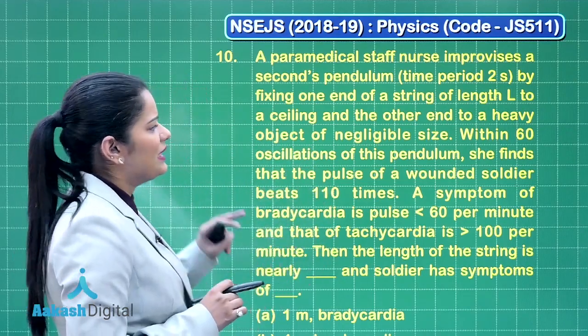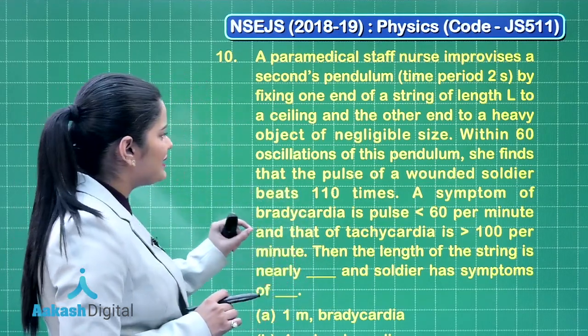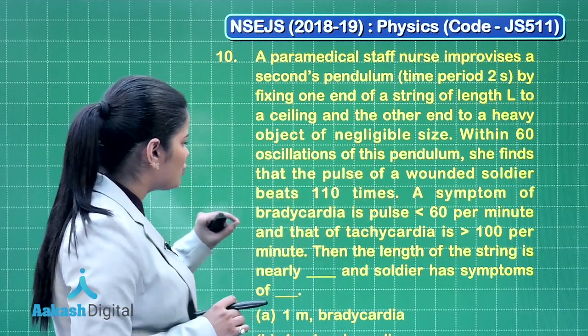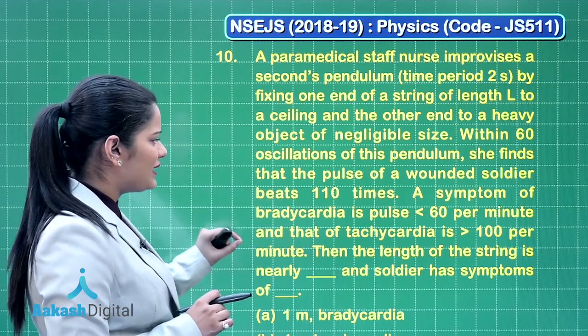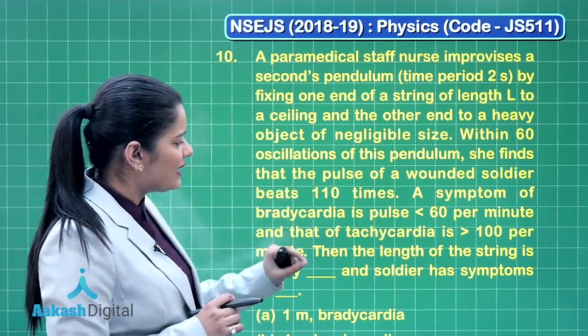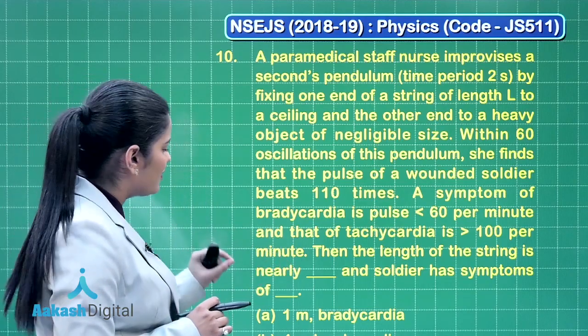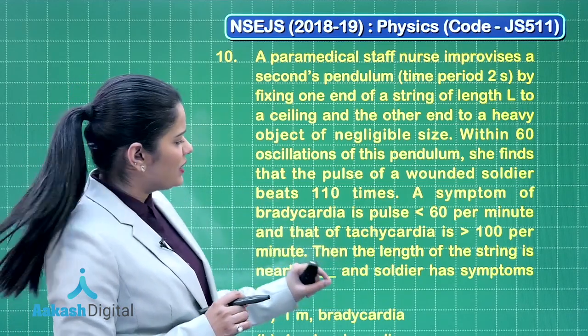Further, the question says within 60 oscillations of this pendulum, she finds that the pulse of a wounded soldier beats 110 times. A symptom of bradycardia is pulse less than 60 per minute and that of tachycardia is greater than 100 per minute. We need to find out the length of the string and also the symptoms the soldier has.